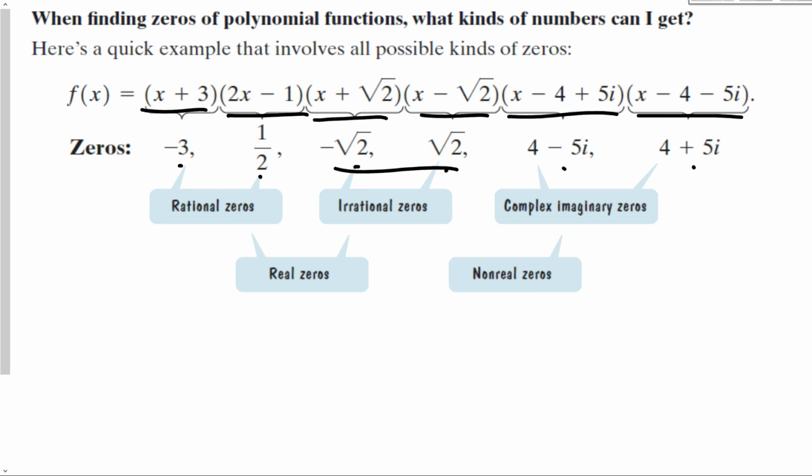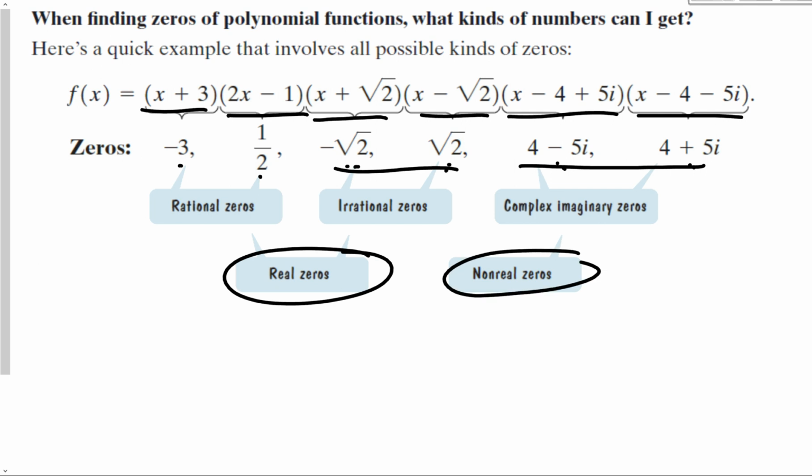And notice that when we have irrational zeros or complex zeros, they always come in conjugate pairs. So we have negative radical 2, positive radical 2. We have 4 minus 5i, 4 plus 5i. That's going to be very important when we start to talk about those types of zeros later. But we can have real zeros, we can have non-real zeros, any types of zeros. And when I multiply all of these factors together, then I will get my original polynomial function.